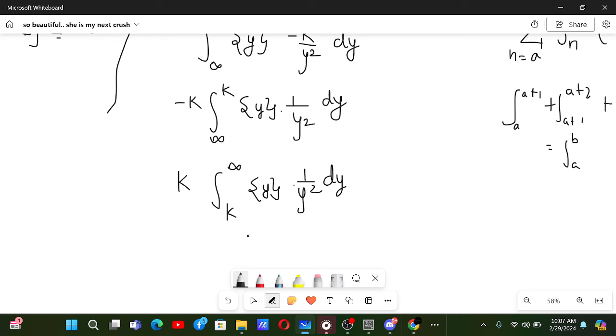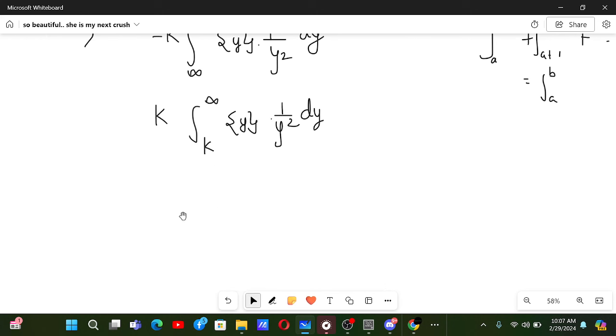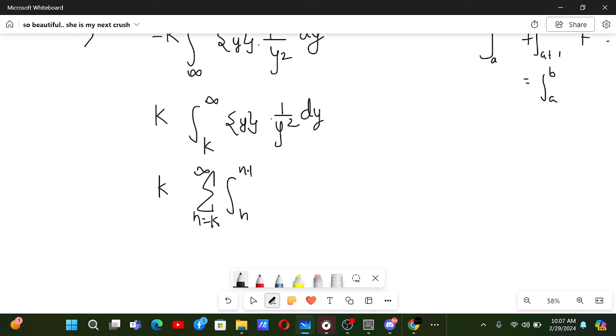Now we can introduce a sum, going from n equals k to infinity minus 1, so that's infinity again, and the integral from n to n plus 1. Now the fractional part of y will be just y minus the floor of y, times 1 by y squared dy.